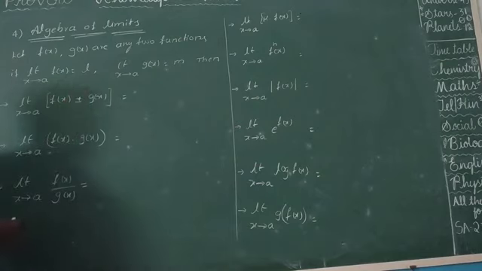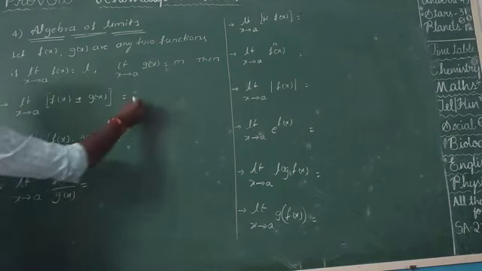Now we have defined two functions, limit x tends to a, this value is going to L, this value is going to M. Now, what about limit x tends to a, f of x plus or minus g of x? If you are adding these two, f of x plus g of x or f of x minus g of x, directly you can split the limit to each and every function.